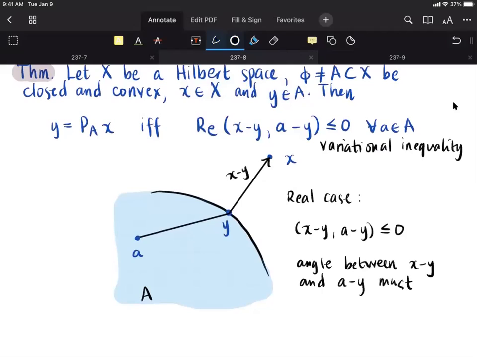So if the cosine of the angle is less than or equal to 0, then the angle must be at least pi over 2.